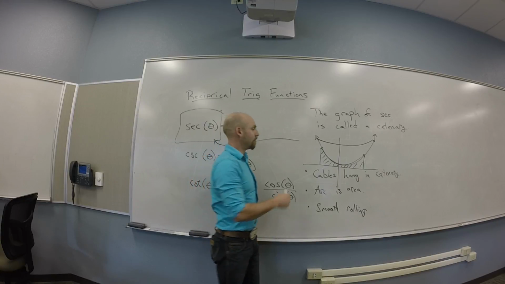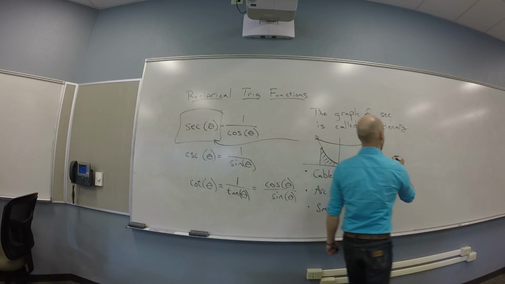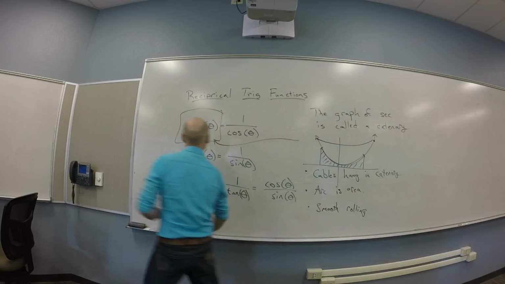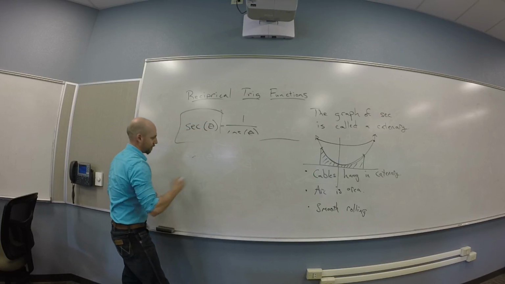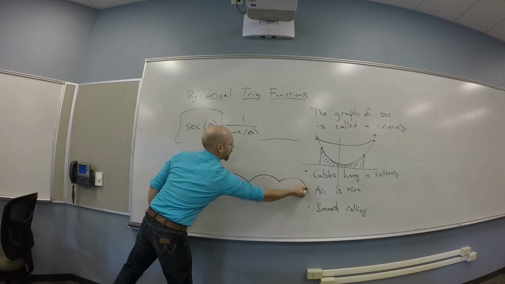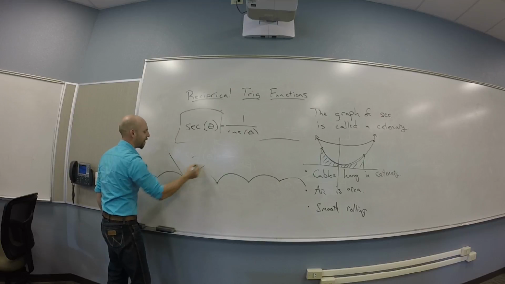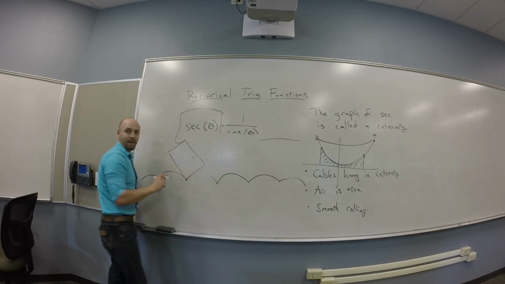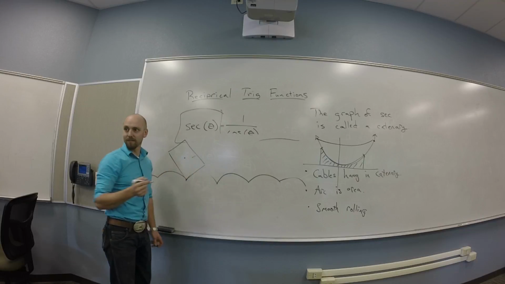You make a track out of a bunch of catenaries. You cut a bunch of catenaries like this, and if you do it right, when you roll a square across, the center of the square stays the same height.